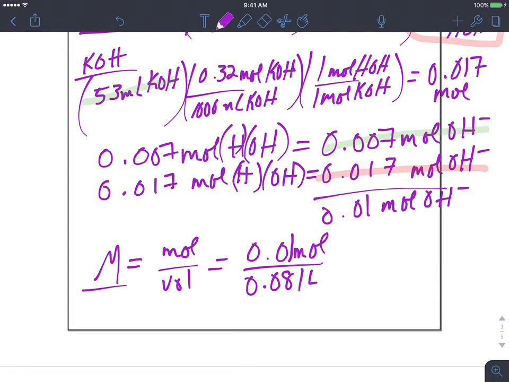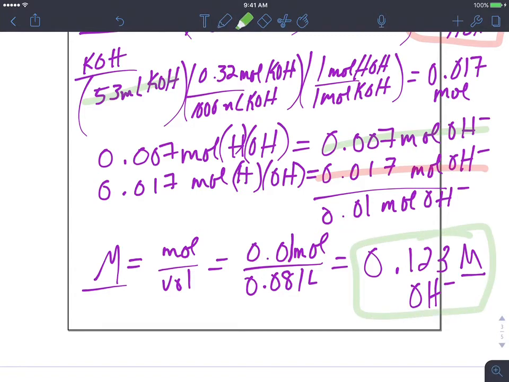Now 0.01 divided by 0.081 gives a concentration of 0.123 molar OH minus. The reason I said it was fun is that on your calculator you get 0.1234567900123. Fun numbers. So that gives us the concentration of OH minus that is left over.